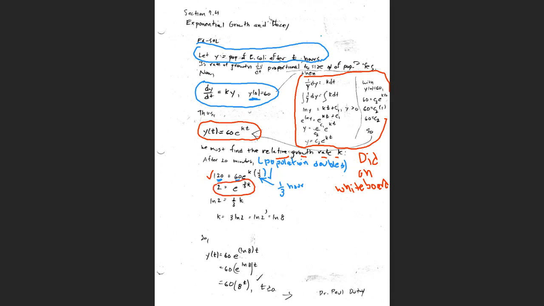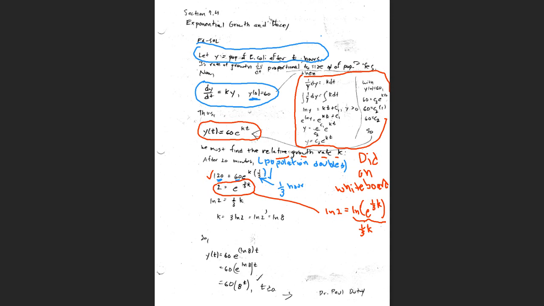We'll take the log of both sides, right? The natural log of 2 would equal the natural log, because it's base e, of e to the 1/3 k power, and the log of e to the 1/3 k power is 1/3 times k.